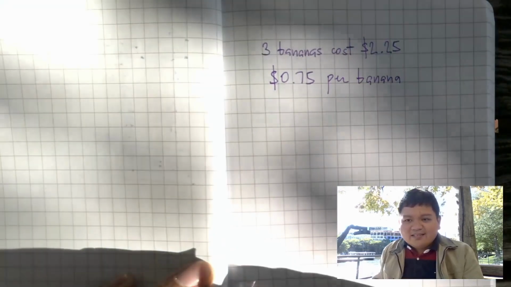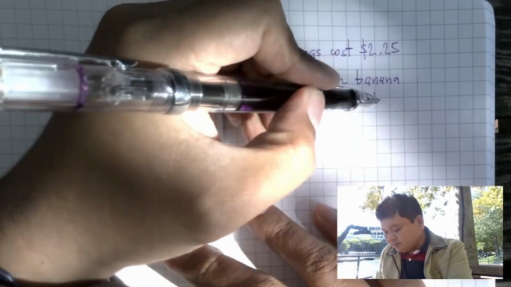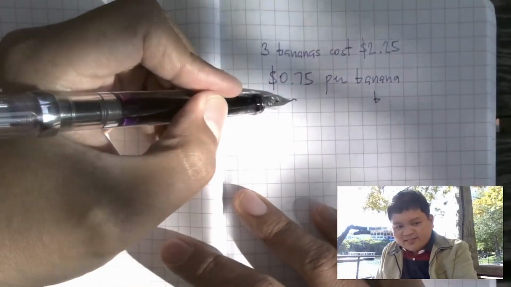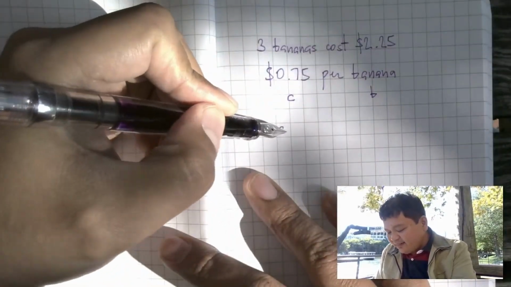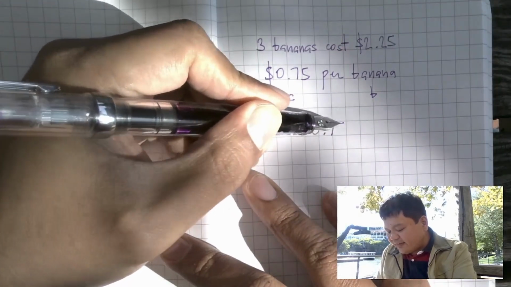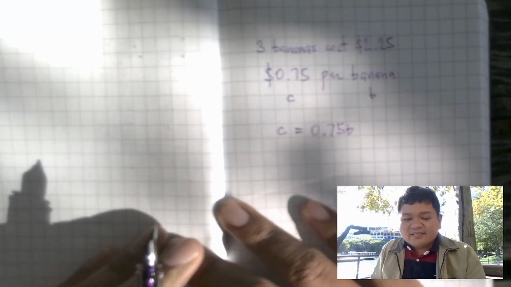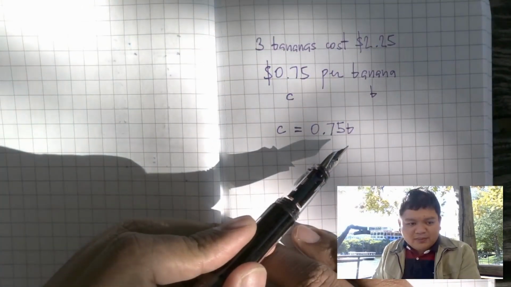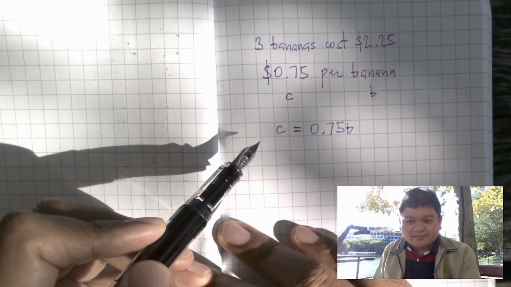If B stands for the number of bananas, and C stands for the cost, then we can say that C is equal to 0.75B. That is, if you know the number of bananas you want to buy, multiply that number by 75 cents to get the total cost.